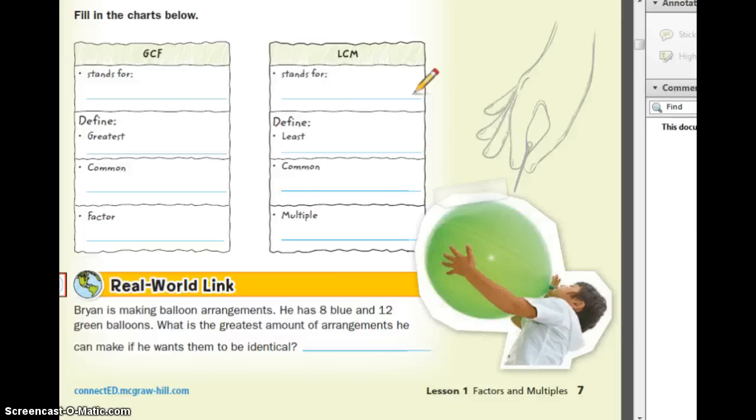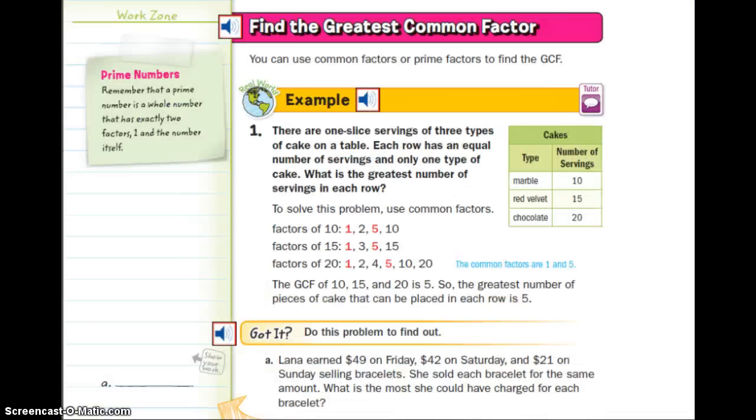How about 4? I think the greatest amount of arrangements would be 4. That means that we'd have 2 blues and 3 greens in each arrangement. Turn the page.